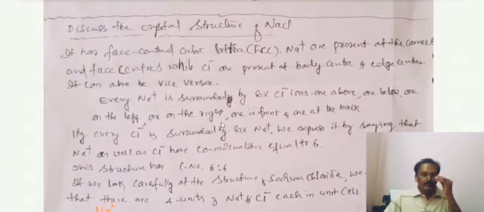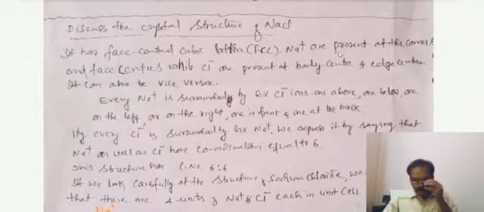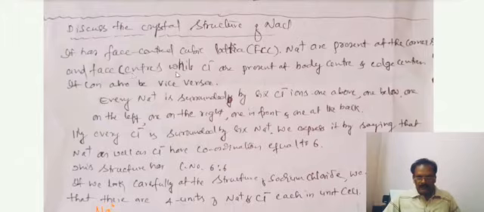Looking at this further, it has a face centered cubic lattice. Na plus is present at the corners and also face centers, while Cl minus is present at the body center and also edge centers. It can also be vice versa.